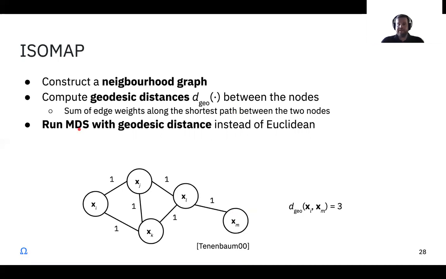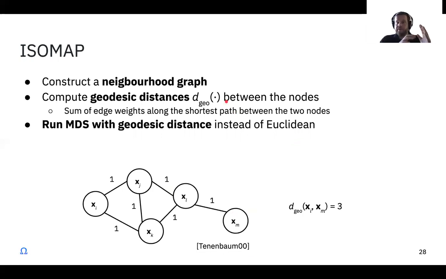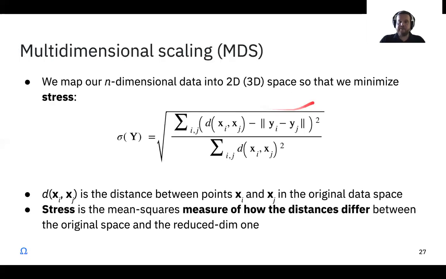So ISOMAP is a work from the year 2000, and it's there to kind of impose the neighborhood structure a bit more firmly into MDS, because MDS doesn't care about explicit neighborhoods, as you can see. It just cares about the distances between arbitrary data points.